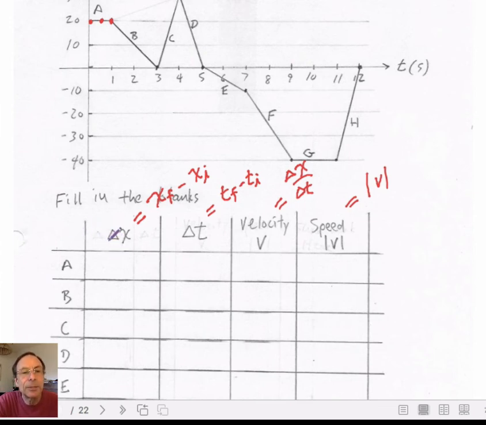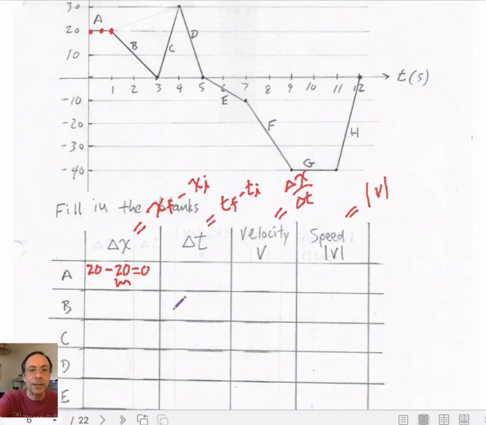Okay, so let's do this. For the displacement in segment A, all right, well, the final position is 20. The initial position was also 20. And so this is going to be 0, and the units are meters. How about for time? The final time was 1 second, and the initial time was 0 seconds, and so we end up with an elapsed time of 1 second.